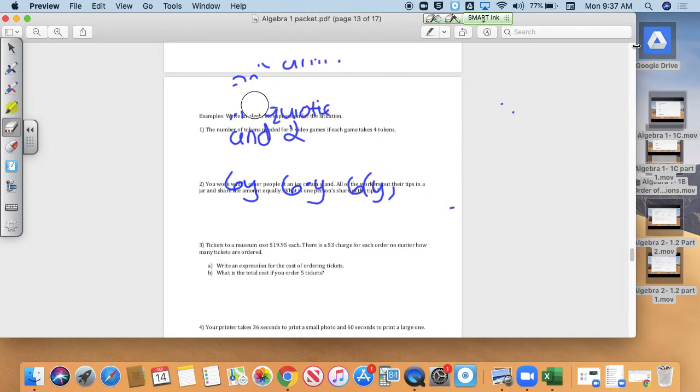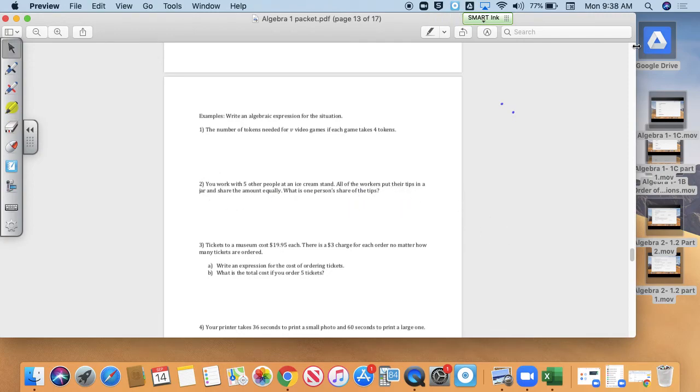All right, so on the next page, it says write an algebraic expression for the situation. So the number of tokens needed for V video games if each game takes 4 tokens. So we're creating algebraic expressions for now word problems as well.